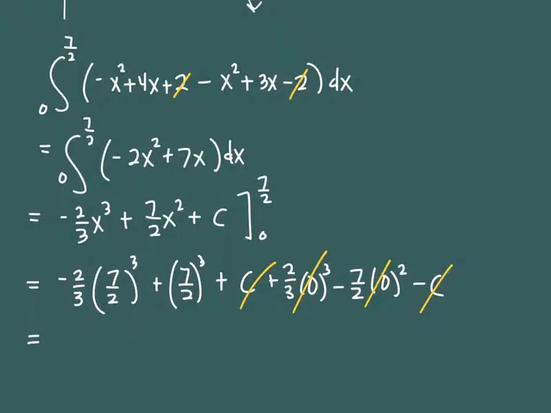And so even though you're using fractions, you still have negative 2/3 of the quantity 7/2 cubed plus a whole quantity of 7/2 cubed. So how many 7/2 cubed things do you have altogether? If you've got negative 2/3 as the coefficient of one of them and 1 as the coefficient of the other, 1/3. Yeah, 1/3. So that really doesn't turn out to be that bad. And that's the answer.